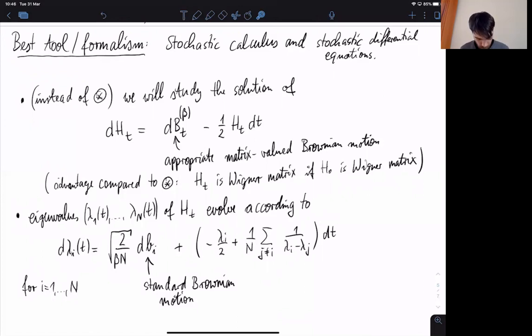In fact, all of these will be formulated as integral equations. That's the natural formalism for this. These are stochastic differential equations, which have this Brownian motion randomness term. And this is what I'll start explaining next.